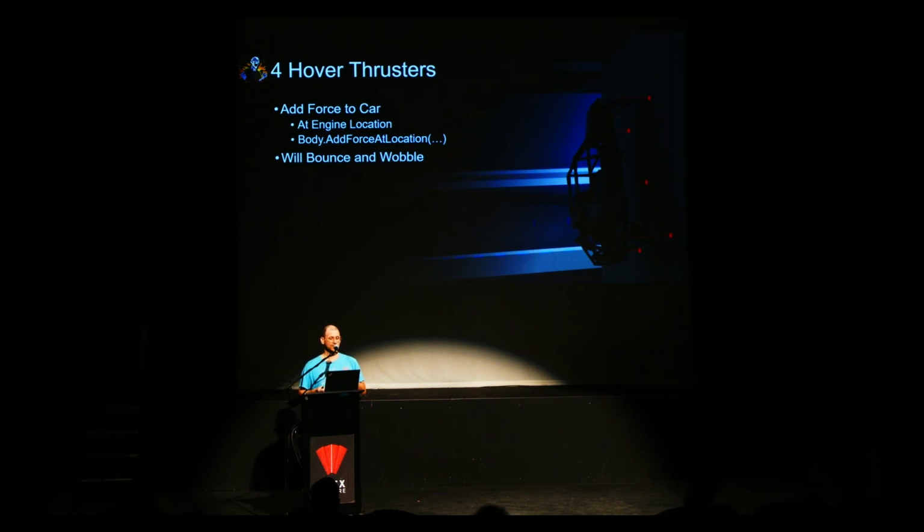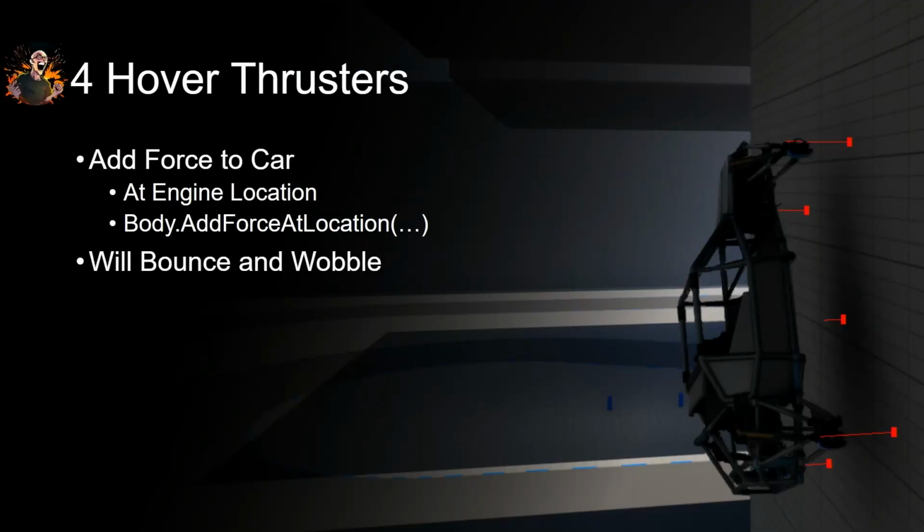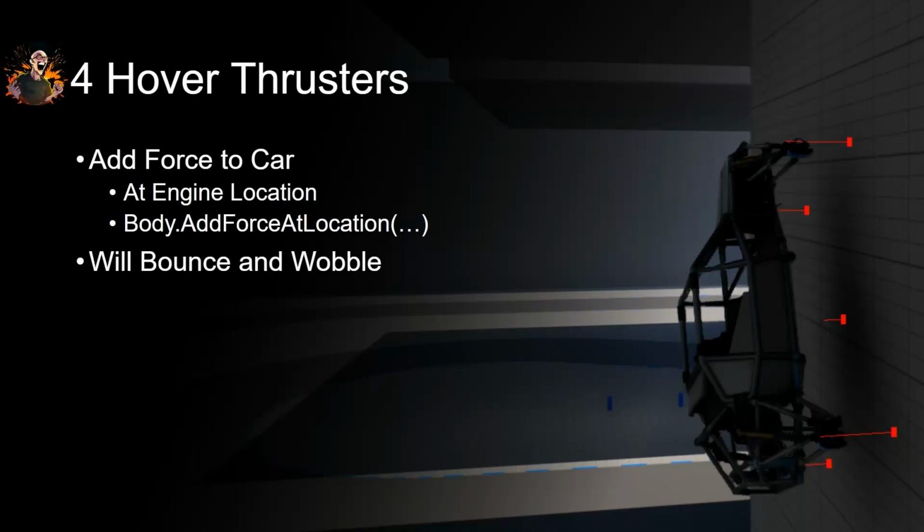Okay, so now in the game, there's going to be 4 hover thrusters based on this particular concept. So each one is an engine location where the tires would have been. And so we're going to be using add force at location. We're adding force to the car object, to that single main object, but we're adding it at the location of the engine. That does not need to be a space within the physical boundaries of the mesh that you're working with.